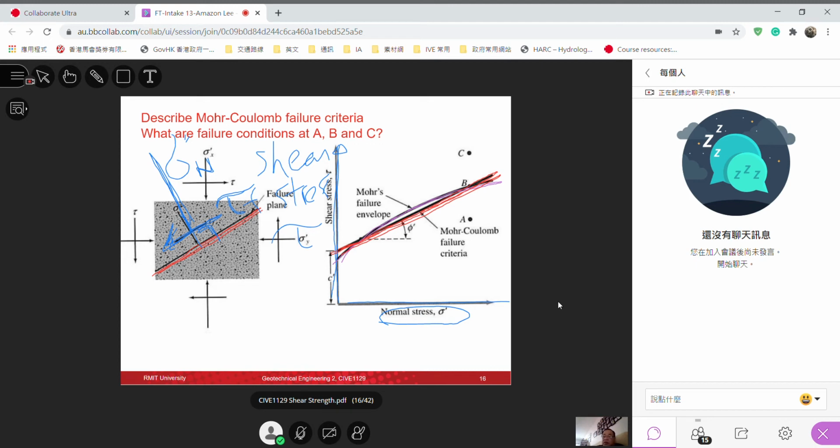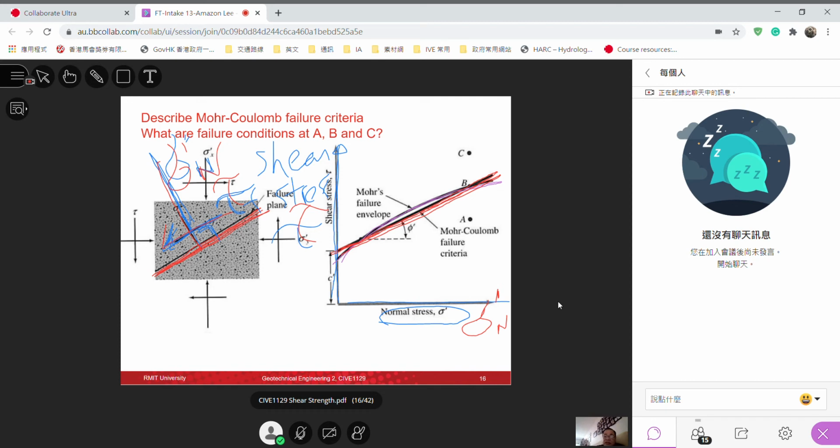So we find that along this potential failure plane, the maximum shear stress developed has an almost linear relationship with the normal stress developed perpendicular to the failure plane.